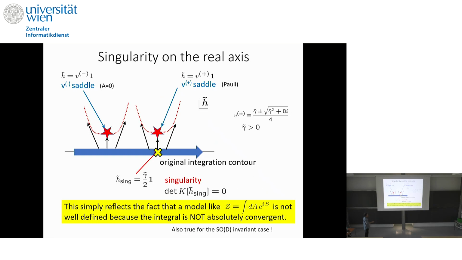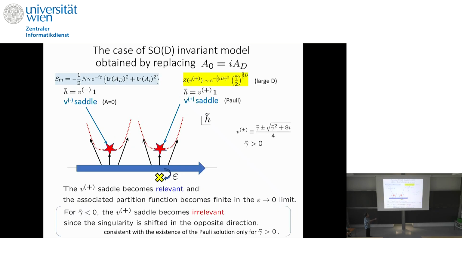It just simply reflects the fact that a model like this, which is not absolutely convergent, is not well defined. Okay, and this fact is true also for the rotational invariant case where I replace A0 by i times AD, like this. So let's discuss this SO(D), rotationally symmetric model first.